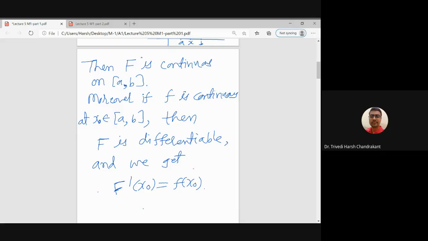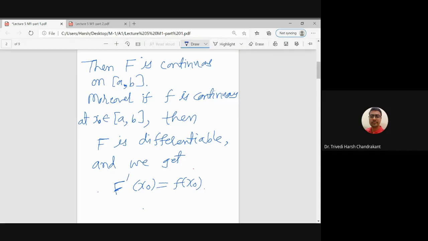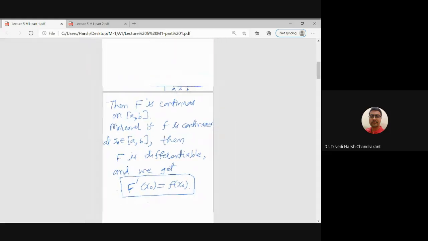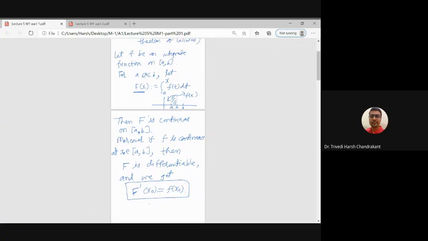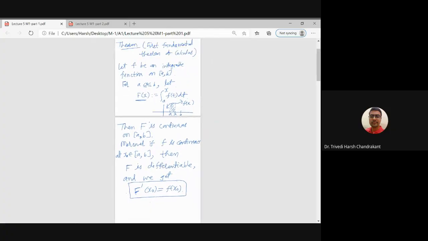Wherever the function small f is continuous, this capital F function is differentiable, and at that point we have this relation. So this is the complete statement of the theorem, which is known as the first fundamental theorem of calculus.